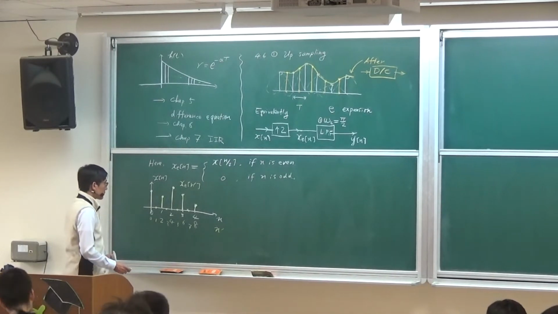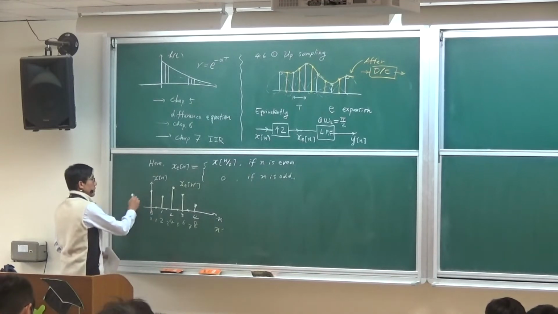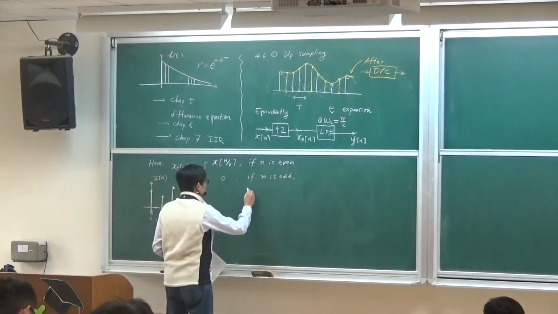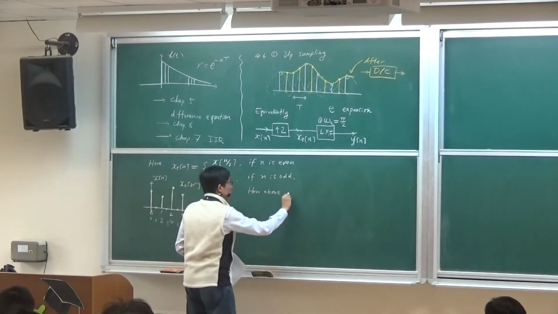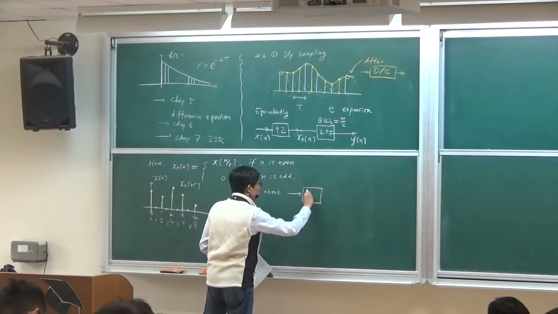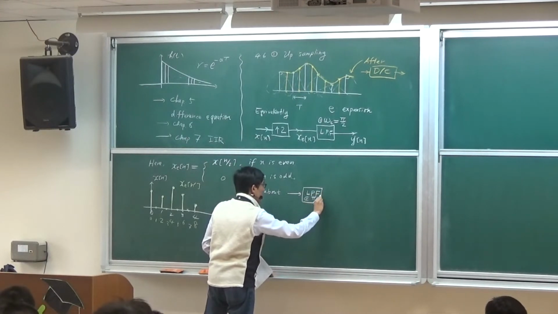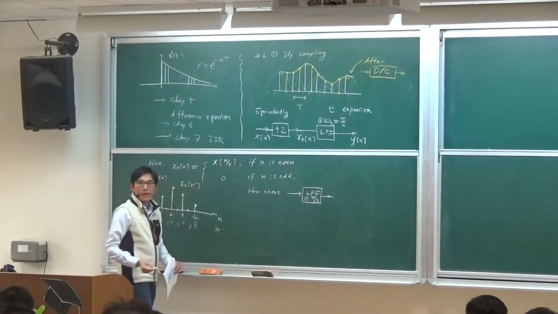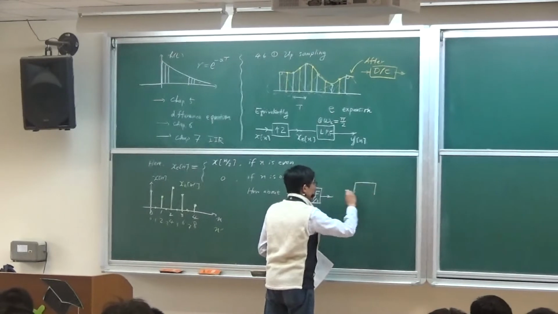And then the next step. So this is upsampling by 2. How about the low-pass filter with a cutoff frequency at pi over 2? What does that mean? To cut off at pi over 2, let's come to the frequency domain.